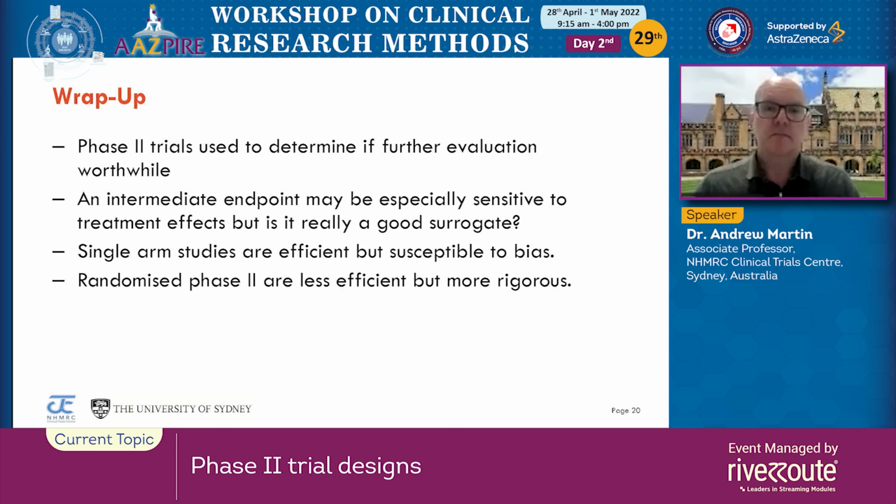What have we been talking about? Well, we've focused on what the purpose of a phase 2 trial is. It's to see whether definitive evaluation is warranted, whether it's worth investing a lot of time, effort, money in doing a thorough evaluation relating to net clinical benefit to inform future clinical decision making.